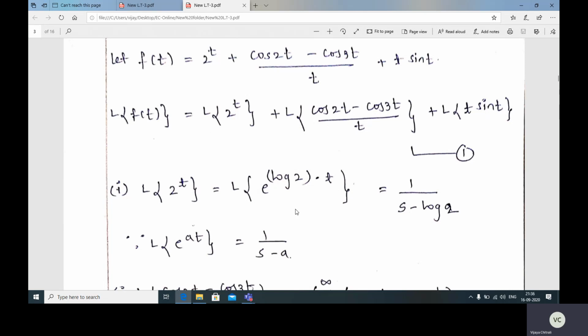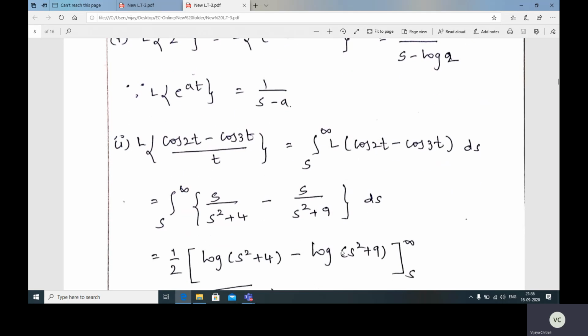So now it is of e raised to at form. So Laplace transform of e raised to at is 1 divided by s minus a. So here a is replaced by log 2. So 1 divided by s minus log 2. So first step over. Next, move on to second term.